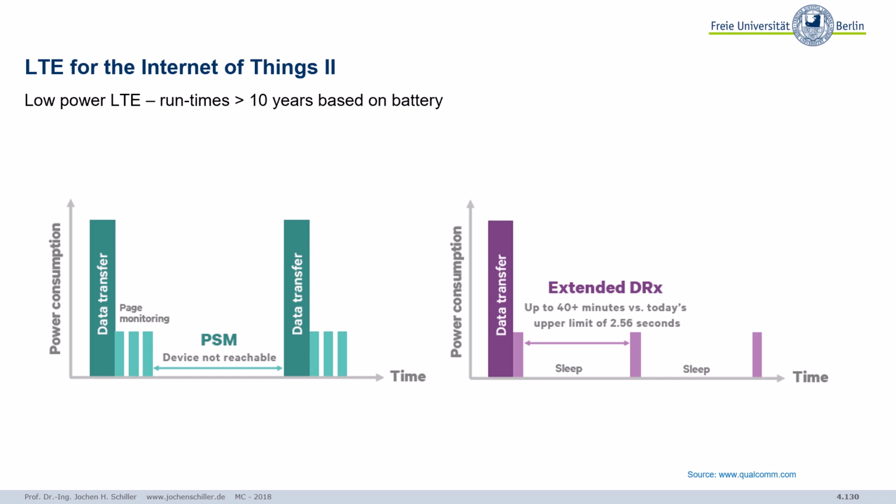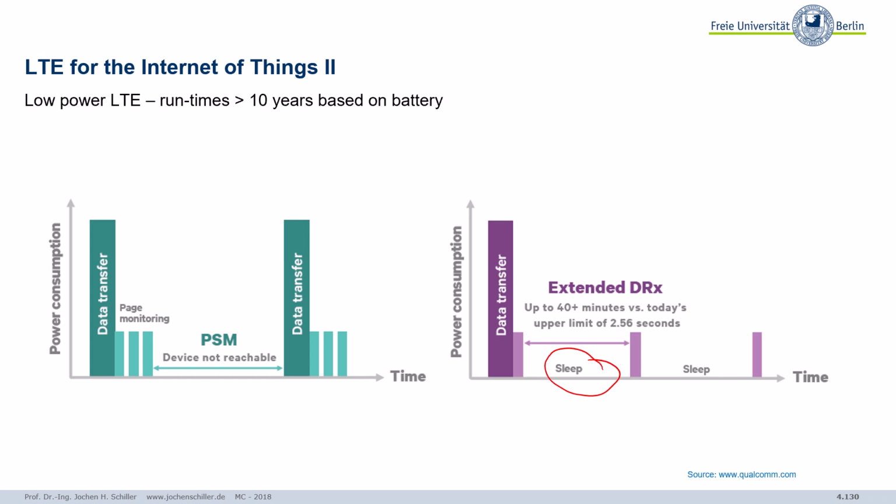For the IoT devices, it's extremely important that they can sleep a lot, sleep almost all the time. So instead of waking up every 2-3 seconds, checking if there's data available, you can send a device into sleep for more than 40 minutes.